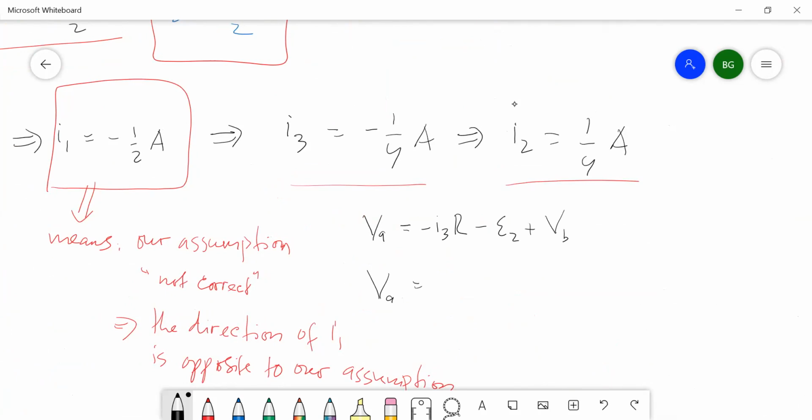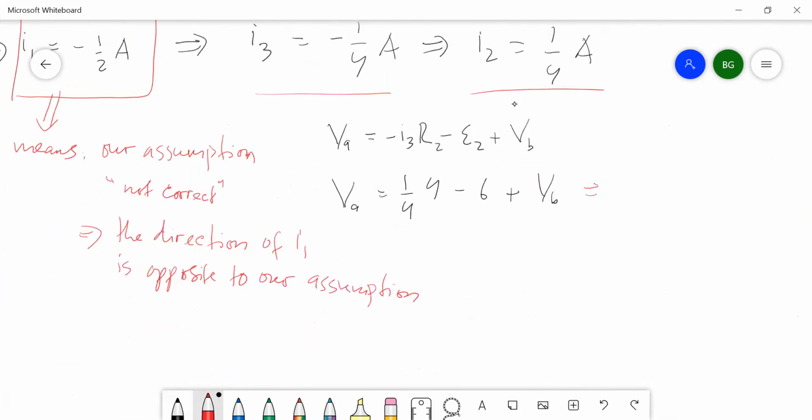R2 is 4, right? Minus 6 plus VB. So this is VA minus 5 plus VB. We get the same answer. Yeah, that makes sense.